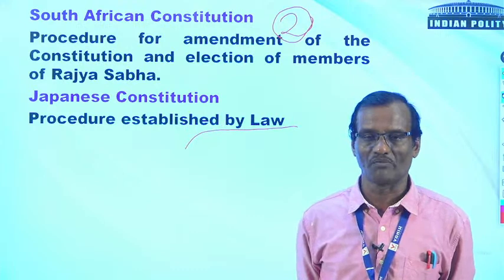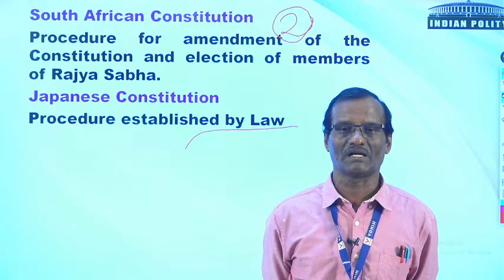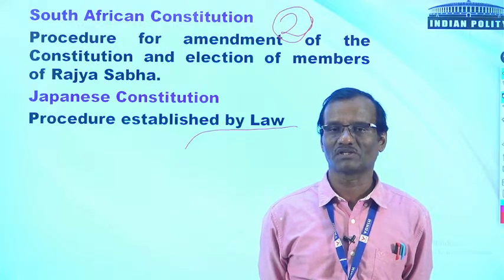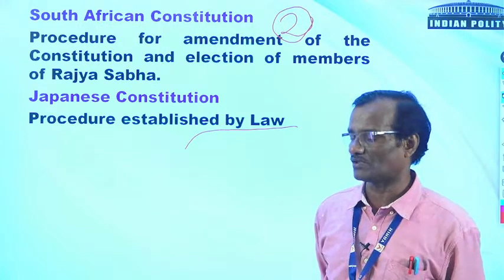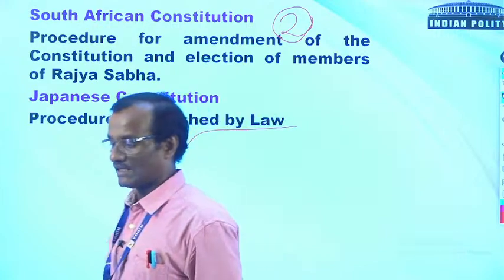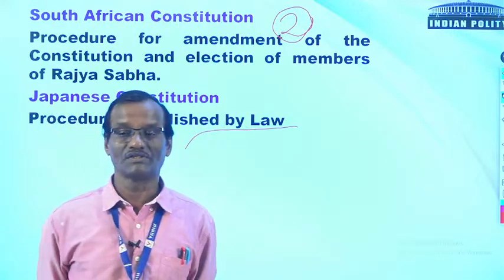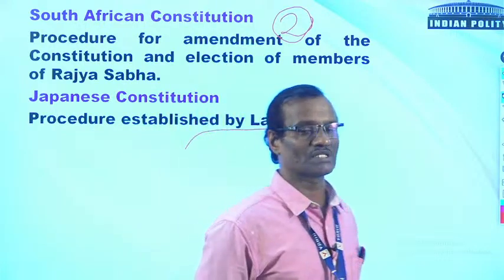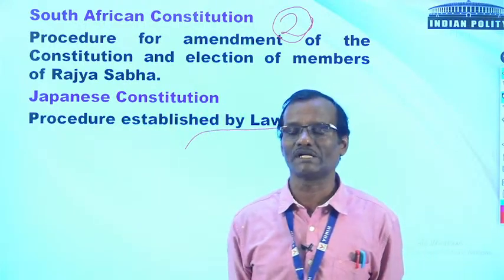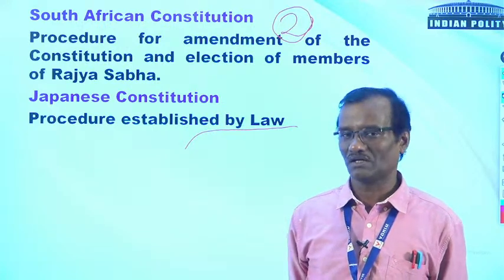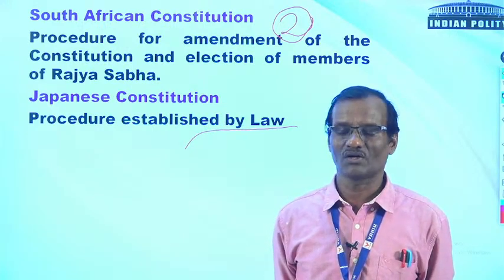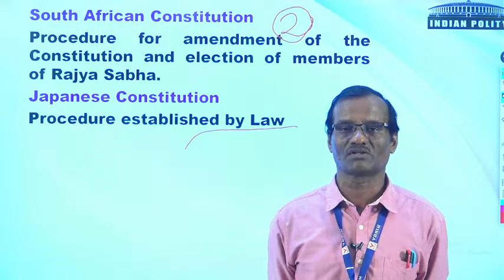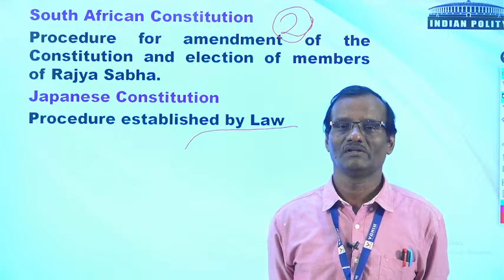Due process of law means the law's definition, and the law is adjudged by the court to establish whether it is made according to the Constitution and whether it is just, fair, and reasonable. But under procedure established by law, the court will only establish that the law in question does not violate, transgress or contravene the Constitution. That's all.